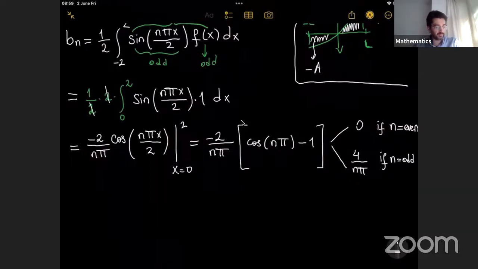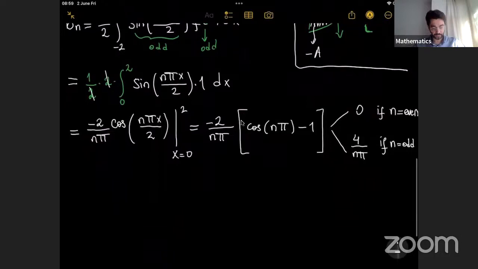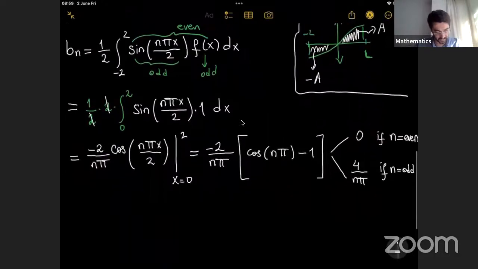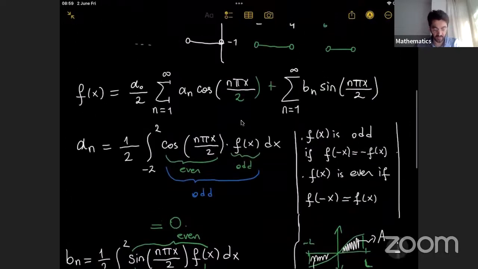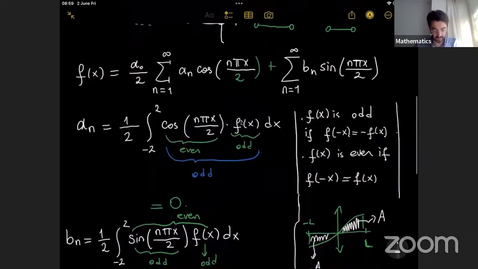Maybe let's summarize this. So this is Bn, remember, okay? The coefficient of sine. The coefficient of cosine, An, was 0, right? We get that.